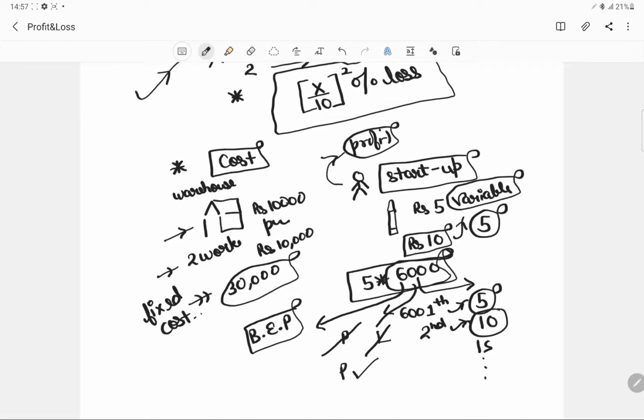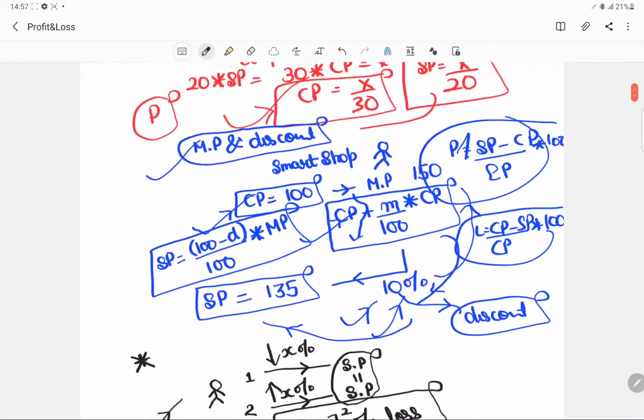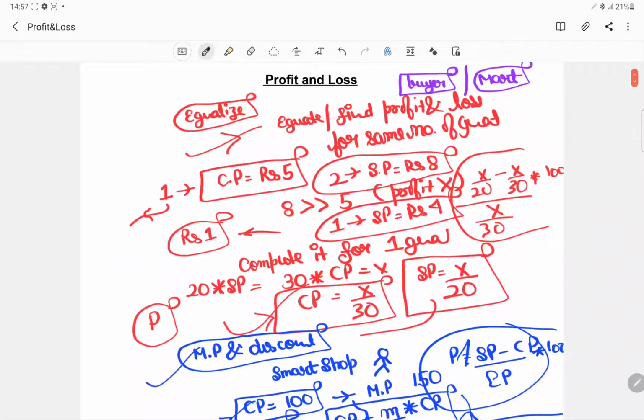If I end up selling fewer than this, then I will have a loss. So that is what the break even point is. That is not much significant as far as the CAT is concerned, but we should be aware of these terminologies.